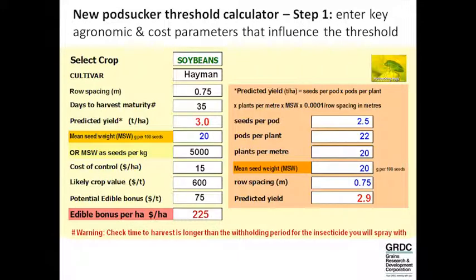Cost of control, say $15 a hectare. So you can just play around with it and just see how sensitive changing everything is. Your likely crop value, never as much as you'd like, but say $600 a tonne, everyone will be happy with that this year. The potential edible bonus, if you're going for the edible trade, 75.